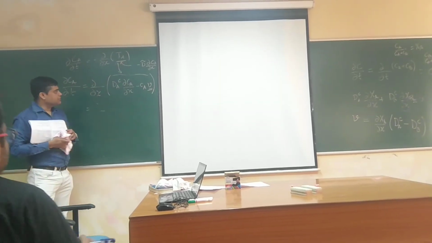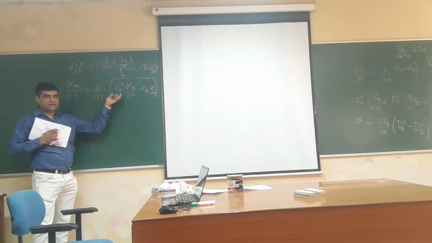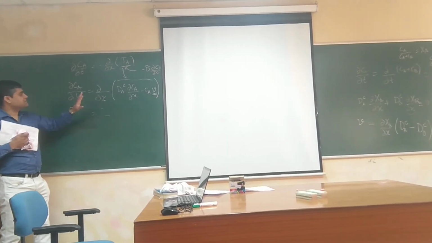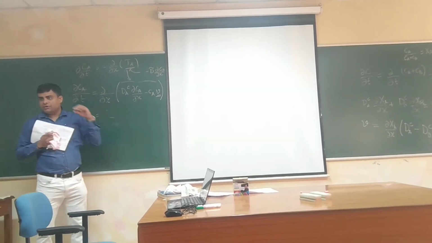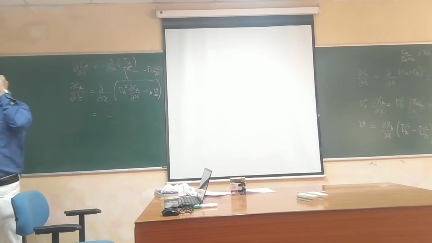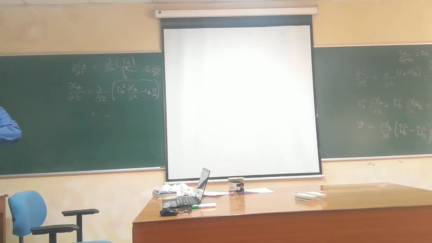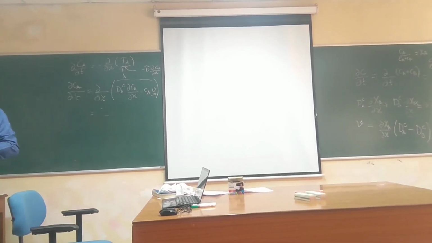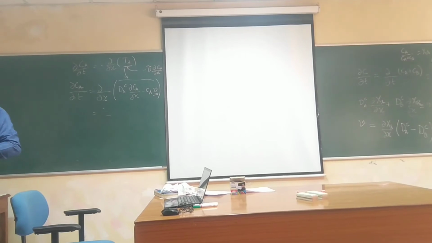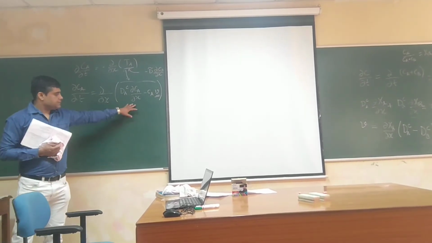Now I am asking you to put the expression for V, what we got there, here and tell me the expression. Tell me how you can relate D tilde with the other variables. Can you do it in your notebook, please? You have the expression for marker velocity, you put it here.